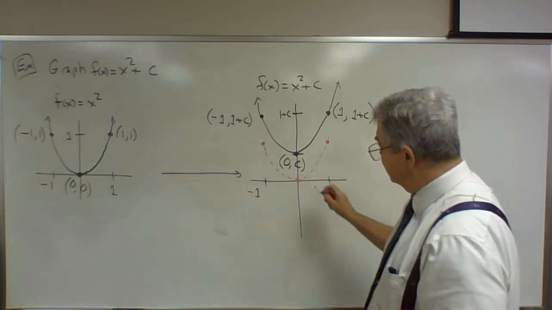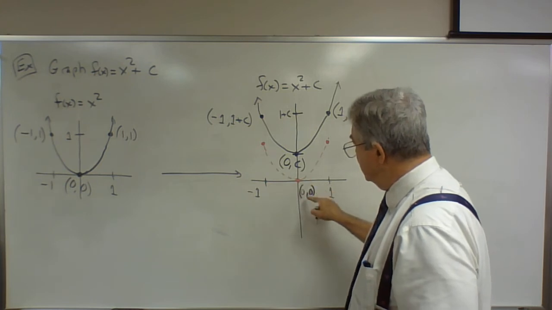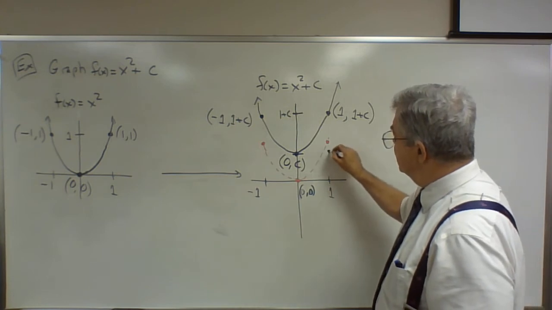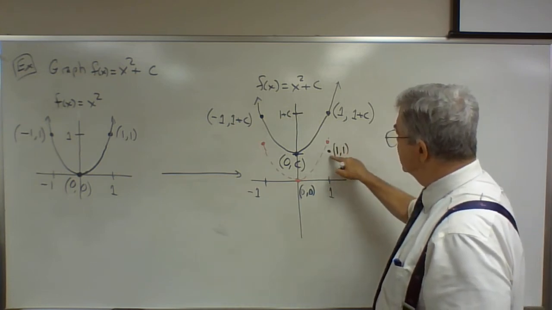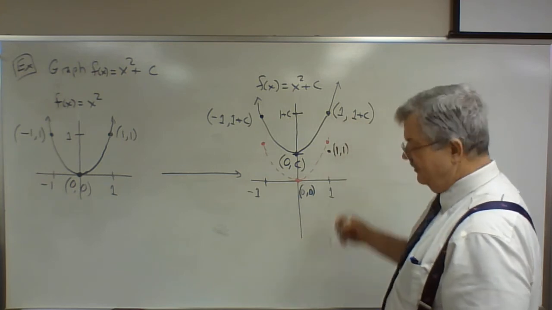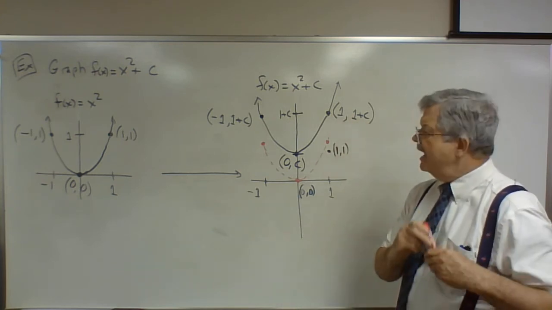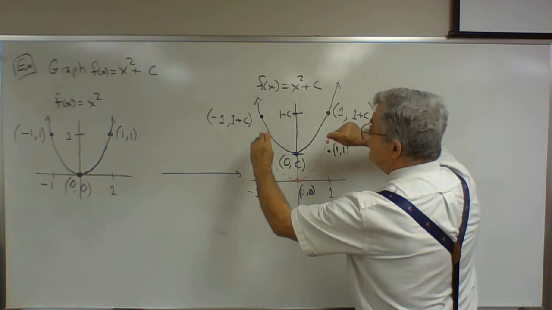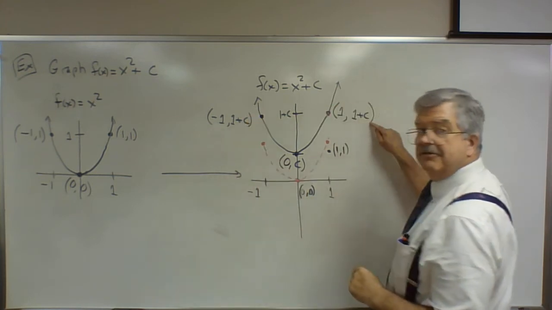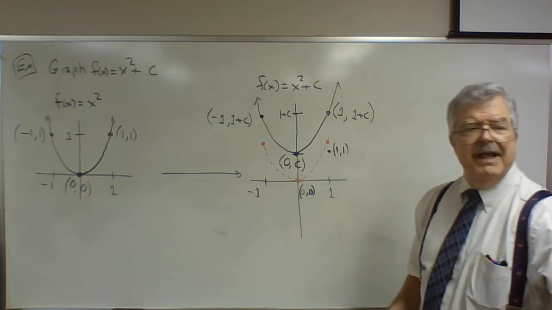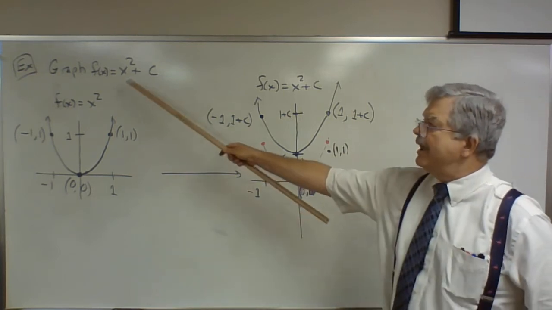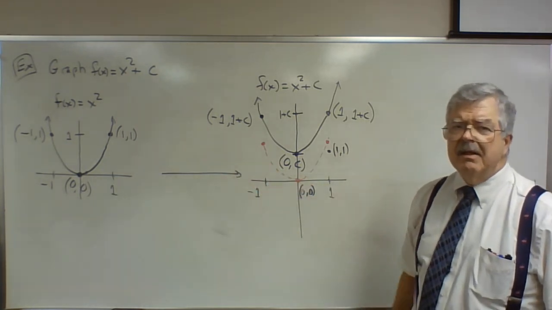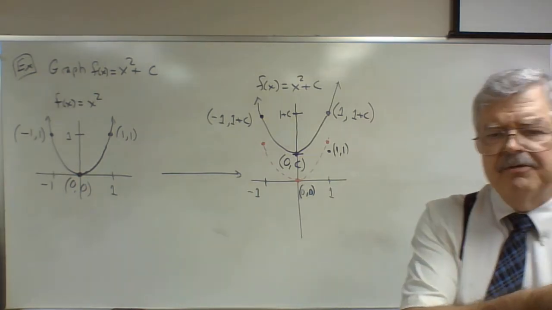This point moved from (0, 0) to (0, c). This point moved from (1, 1) to (1, 1 plus c). Yeah, that's what happened. I just took the original graph, grabbed a hold of it, picked it up, and moved it c units higher. That's what's going to happen every time we take the graph of a function and we add a constant c to it. Let's do a couple more examples.